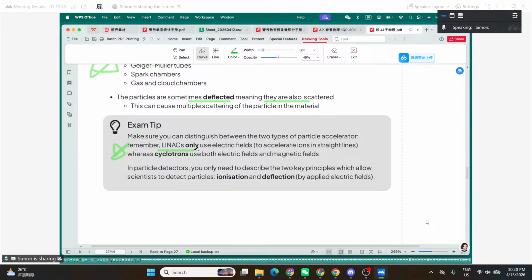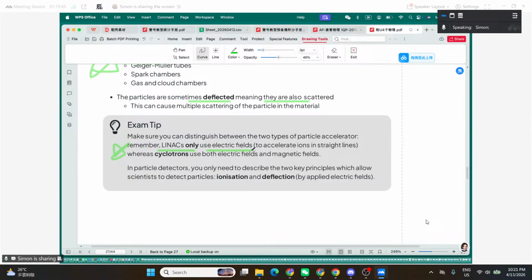And finally, look at the linear accelerator. It only uses the electric field to accelerate ions in a straight line. Here's the difference compared with the cyclotron: the linear accelerator only uses the electric field, with no magnetic field, because the cyclotron has the magnetic field.